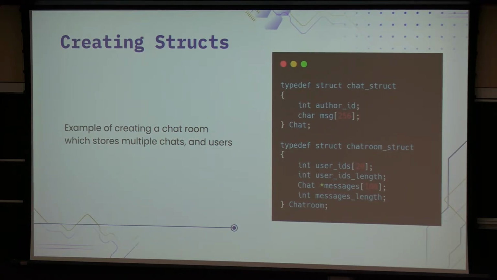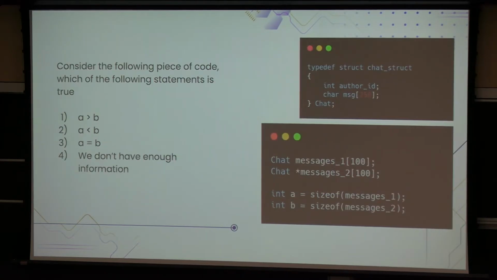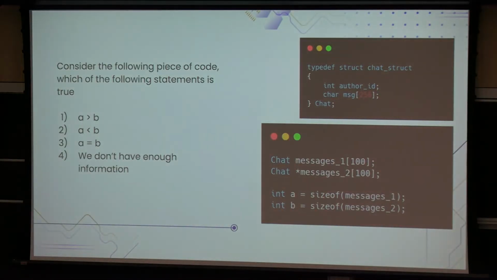So one motivation for that is, think about this for a second: we have two variables, A and B, which are very similar. The only difference is in A, we're storing an array of 100 chat structs, and in B, we're storing 100 pointers to chat structs.